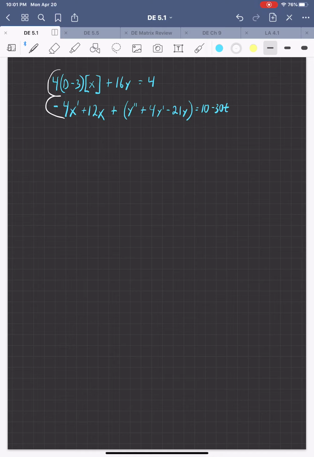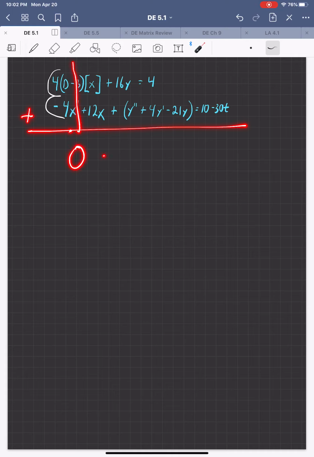But more importantly, do we understand that, so there's a couple ways you can go with this. Do we understand that at this stage, we multiplied the top equation by 4 and the bottom equation by our D minus 3. So what should happen at this stage is when we add, this part should zero out. That's the key thing to understand, okay? And so let's just go ahead and do it this way.